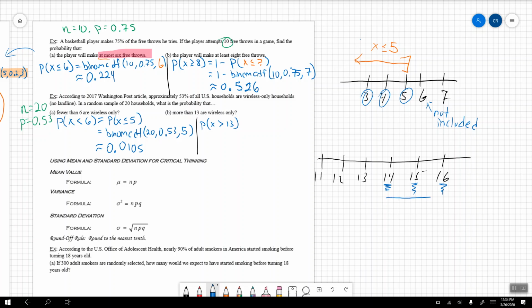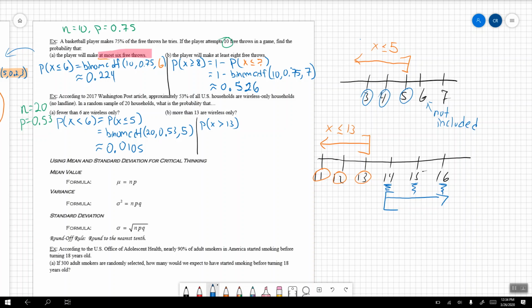However, that is a probability to the right. Binomial CDF only does the probabilities to the left, which means we want this probability to the left. That means this is x less than or equal to 13.